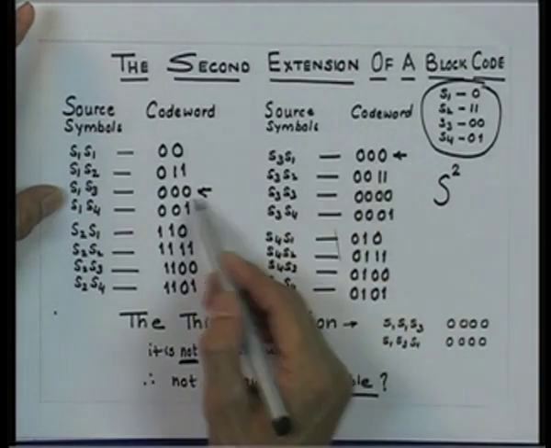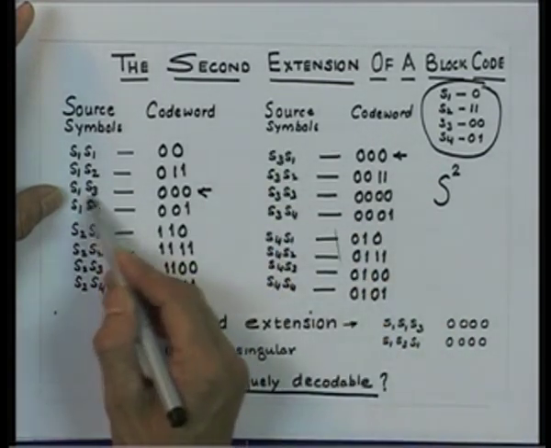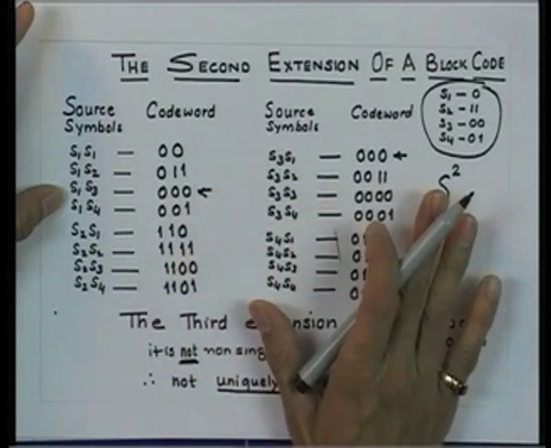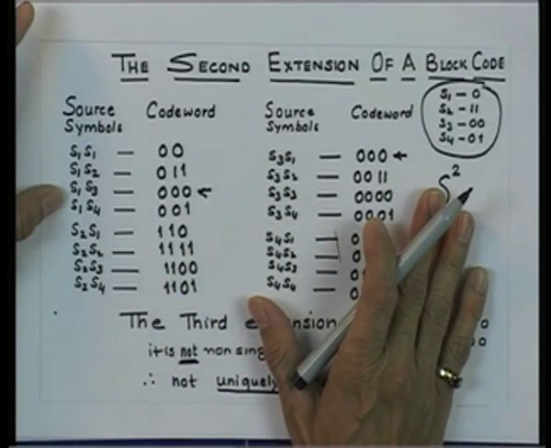Now, if the code words are identical for these source symbols, then by definition this is not non-singular.